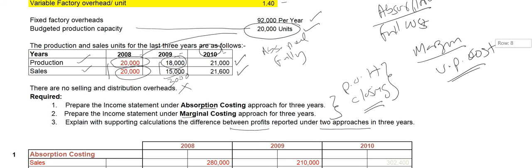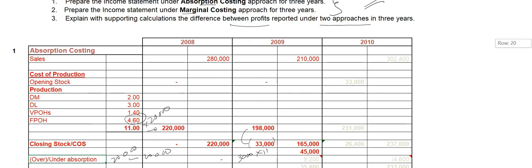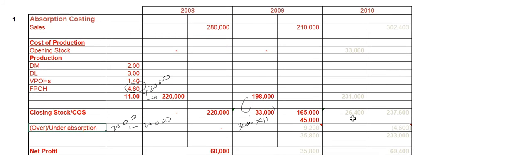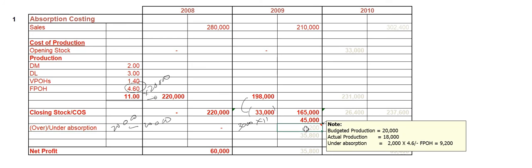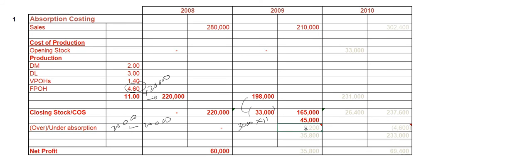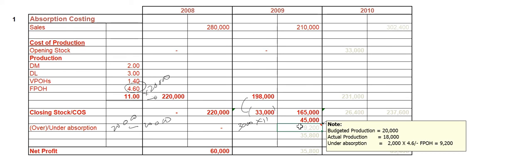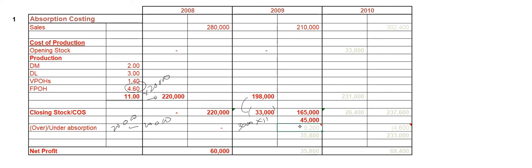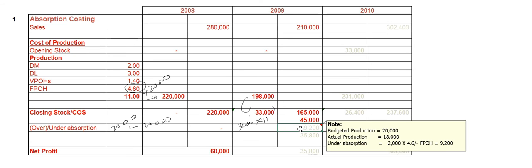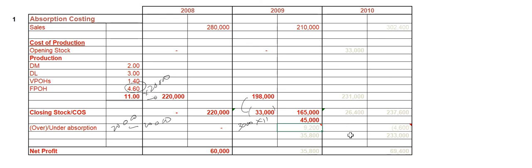So how do you calculate that? Okay, so the production is 20,000 and actual production is 18,000. So what is the difference?